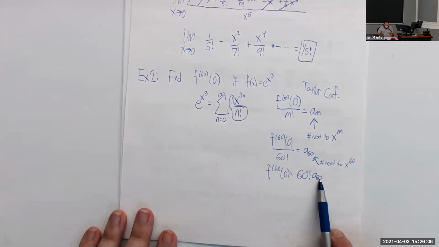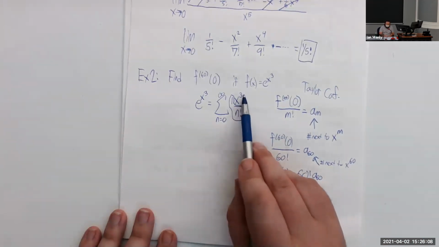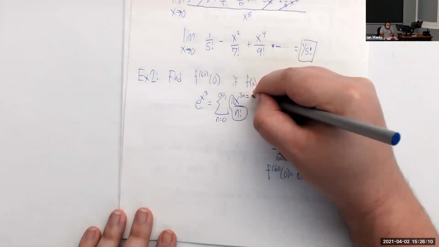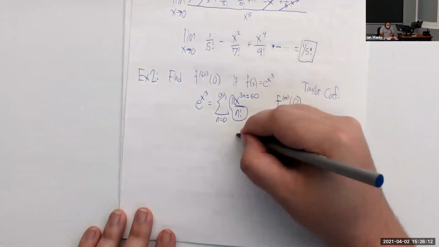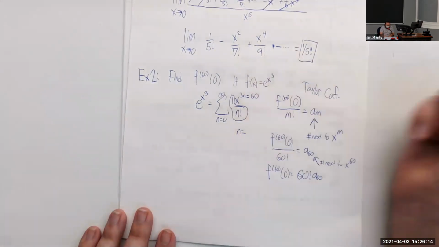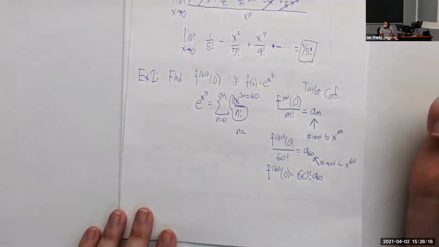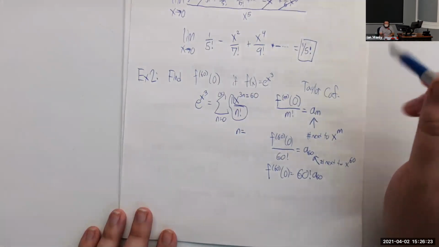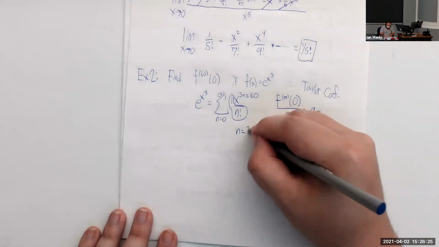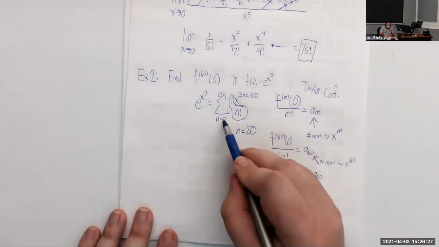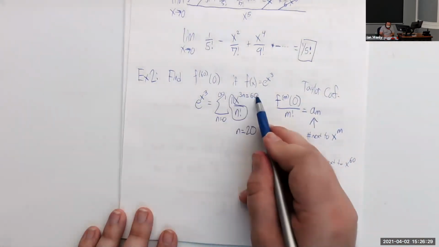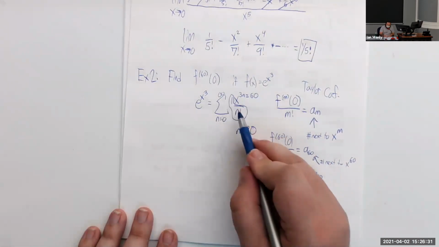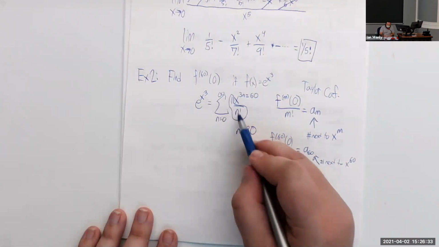All right, so let's see here. Now I want my x to be to the 60th power, right? So what n is going to provide me with x to the 60th here? It's going to be 20. That's right. So if I'm plugging in n equals 20 into this, and that gives me x to the 60, I'm also plugging n equals 20 into this.